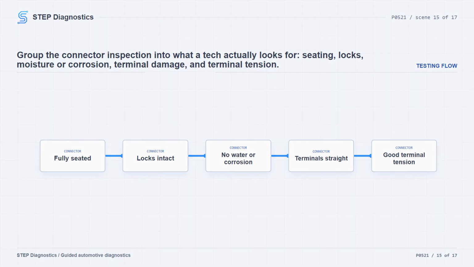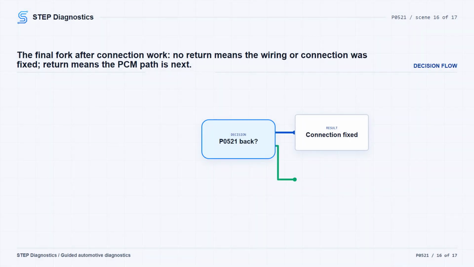Repair anything you find, then reconnect everything fully. Make sure the connector locks are engaged. Erase codes, and operate the vehicle under the conditions that run and set the fault. If P0521 does not return, the wiring or poor connection problem has been repaired. If P0521 does return after those checks and repairs, the diagnostic path supports replacing and programming the PCM, then verifying the repair and confirming the code stays gone.